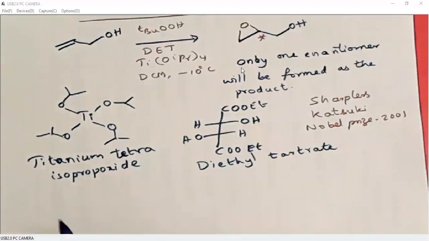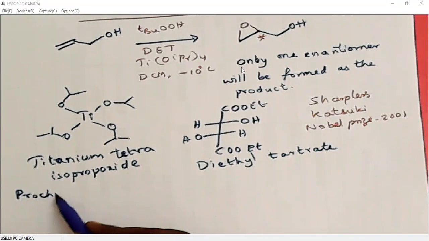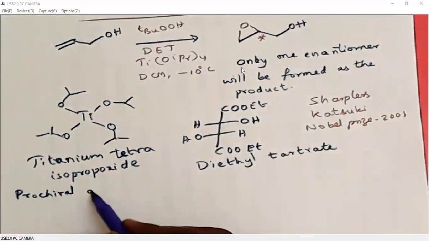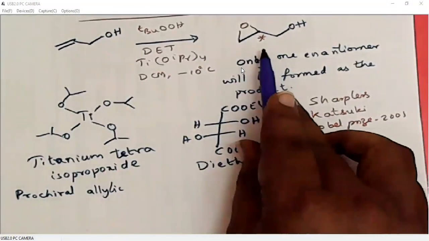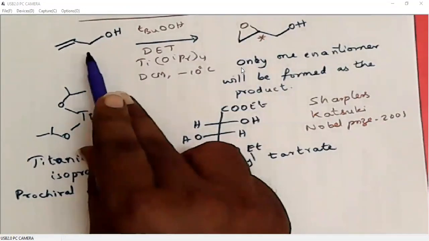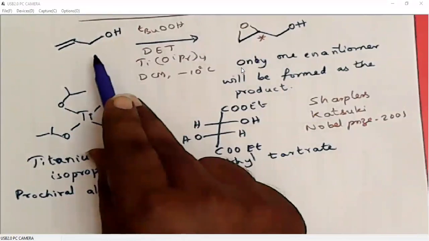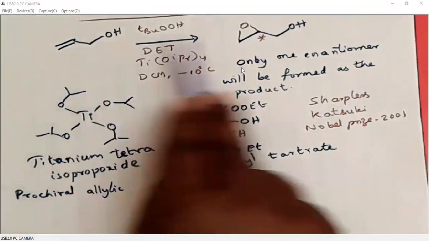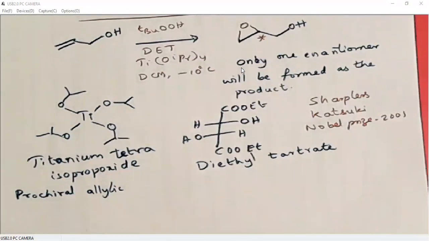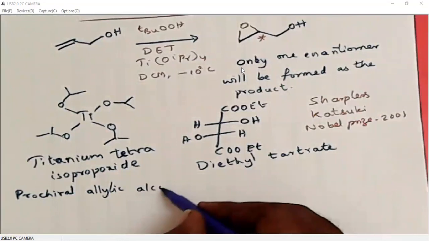What is Sharpless asymmetric epoxidation? So it is for prochiral allylic alcohols. What is prochiral? Though the starting material is not chiral, the product is chiral. So before the reaction it is not chiral, so this is called prochiral. That means the prochiral will be converted to chiral.